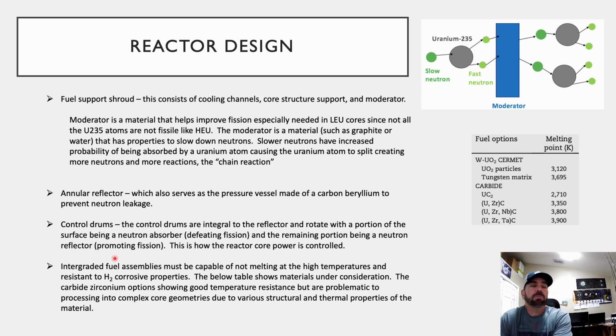All these having excellent properties to resist hydrogen corrosive attacks and high temperature capabilities. As we can see in this table, different uranium carbide, zirconium fuel options have very high melting temperatures.